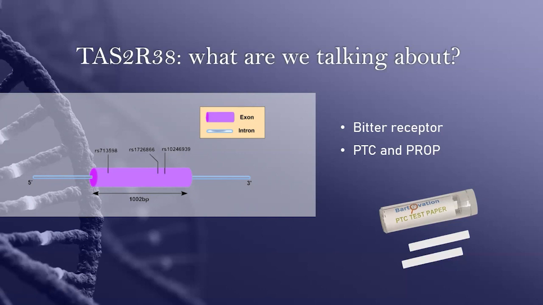Some people cannot taste PTC at all, some people taste it, but it's middlingly bitter, and some people find it extremely bitter. That's why this receptor is really nice to look at, because we have that spectrum of where people can fall phenotypically, and then we can actually see that parallel in the genotypes.